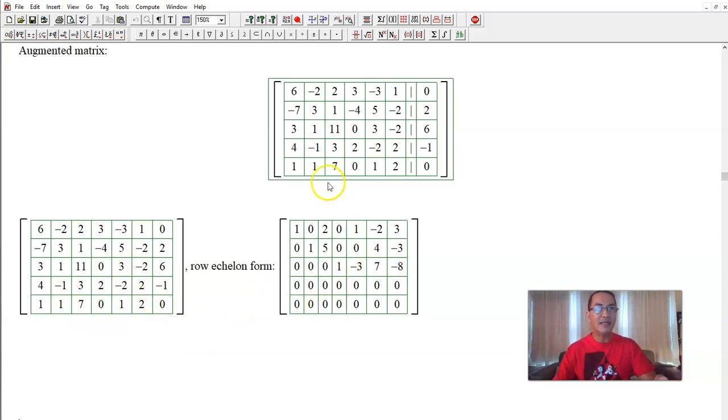Now, does it mean that it's the 4th and the 5th rows that are linear combinations of the rows above them? Of course not, because we are allowed to swap rows when we are doing our row operations. So we don't really know which rows combined together will add up to 2 of these rows, because we have 2 rows of zeros.